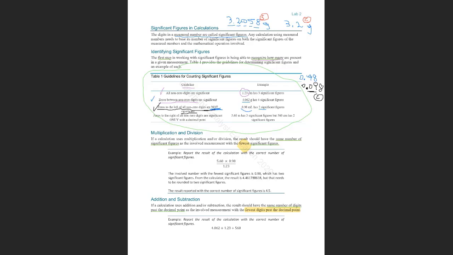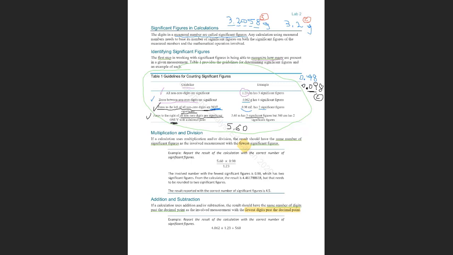Now comes the trouble again. We don't know when to count the zeros on the right. Zeros to the right, it says here, of all non-zero digits are significant only with a decimal point. So now is when they are starting to talk about a decimal point. Here they are giving us the example 5.60, and they are saying that 5.60 has 3 sig figs.